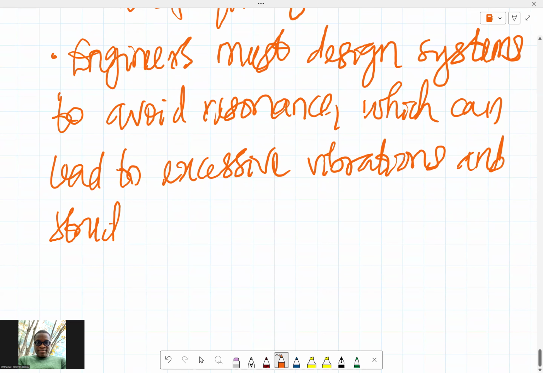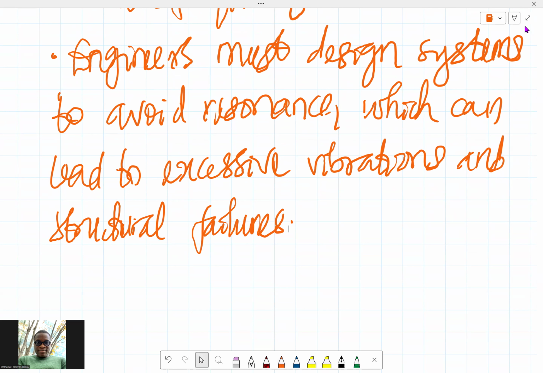So this kind of analysis can really help us to prevent these structural failures. So doing this kind of analysis, which eigenvalues can help with, can go a long way.